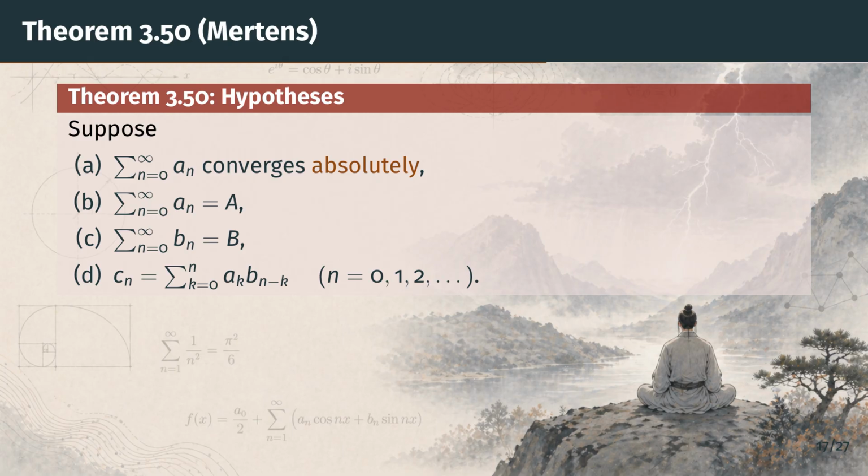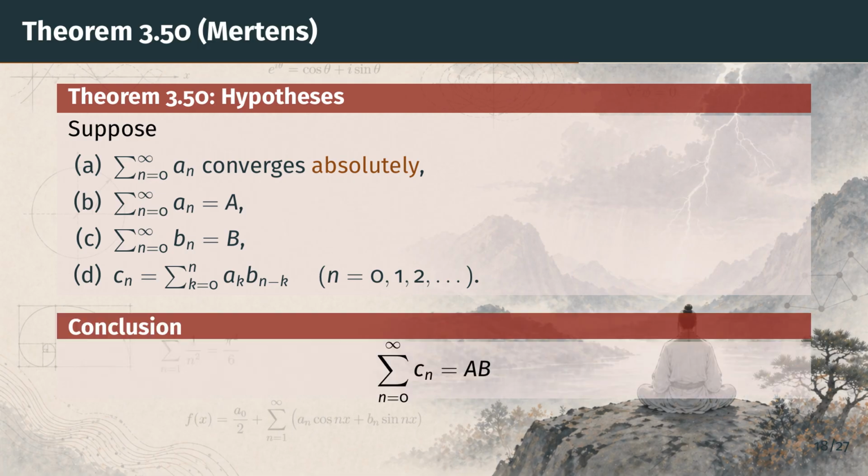Hypothesis D just recalls the definition of the Cauchy product terms C sub n, so the setup is deliberately asymmetric. One factor is strong, absolutely convergent, while the other factor can be as fragile as the alternating series from the previous example. Next, the conclusion.